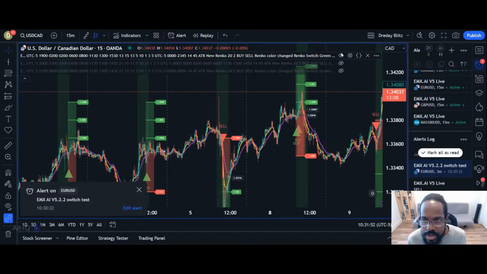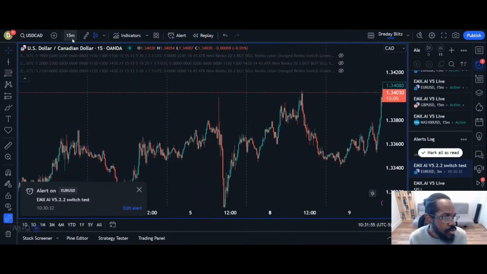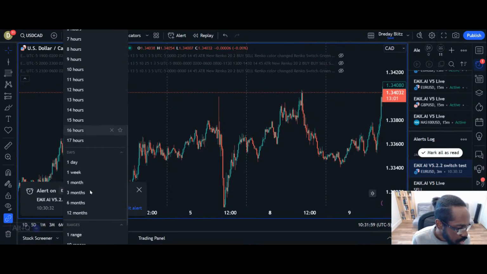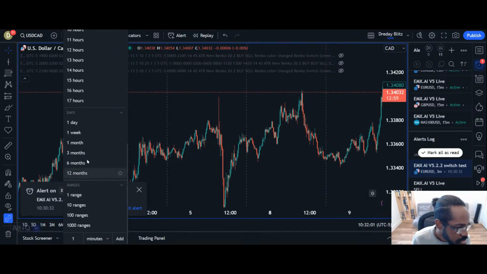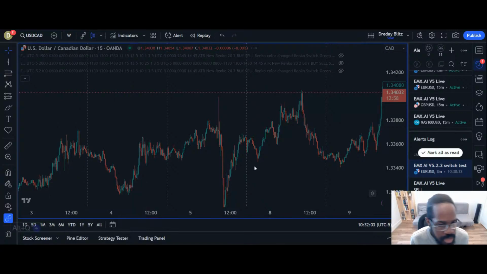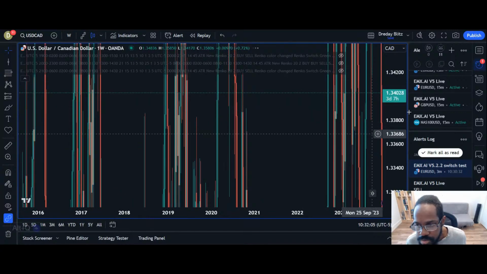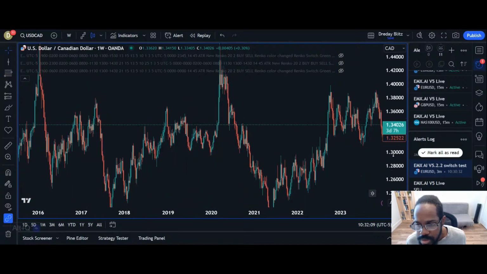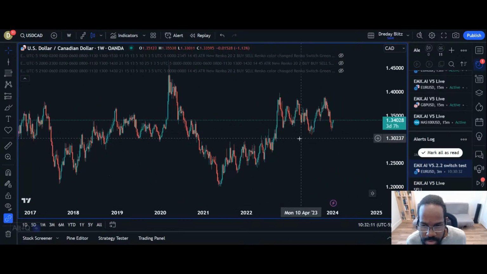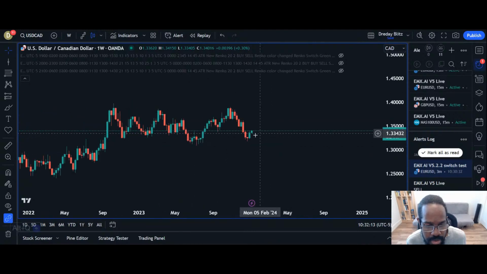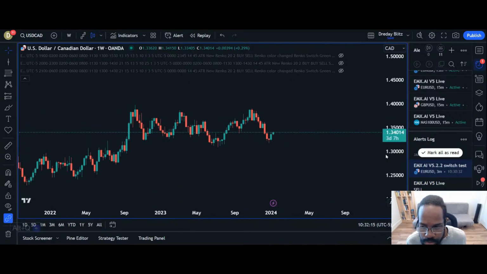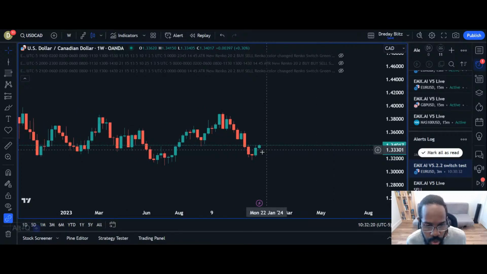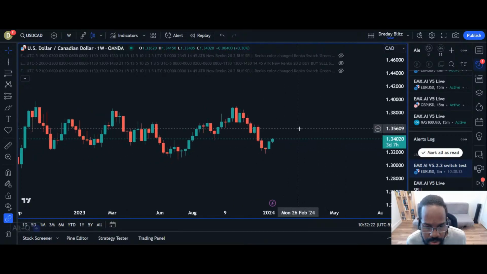Okay, I always told you guys, what I look for first is the weekly. Okay, weekly chart. Boom. So the weekly chart here. Okay, this is maybe the only time that I would look at a candlestick pattern.